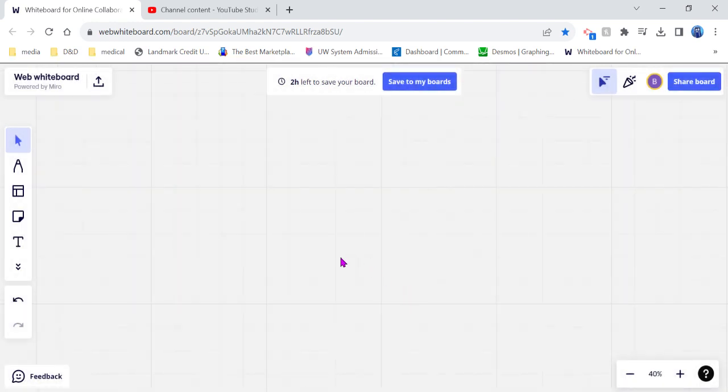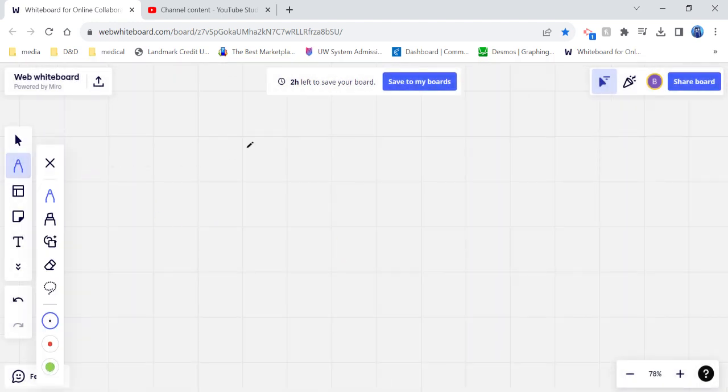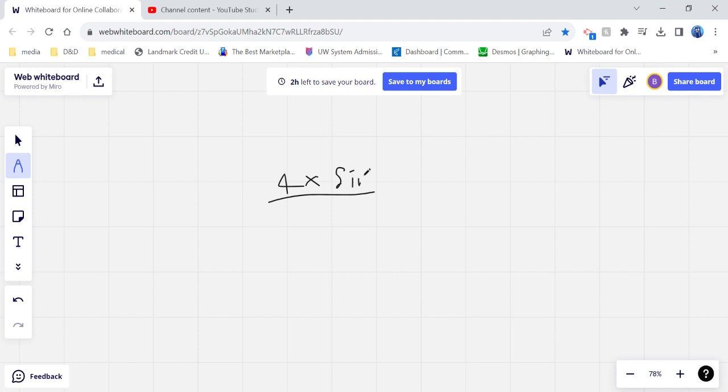So now I want to run through one bit more complex problem that involves actually both rules. So let's say we had 4x times sine of x over, let's say, ln of x.